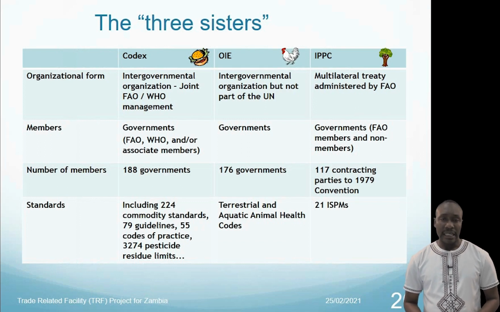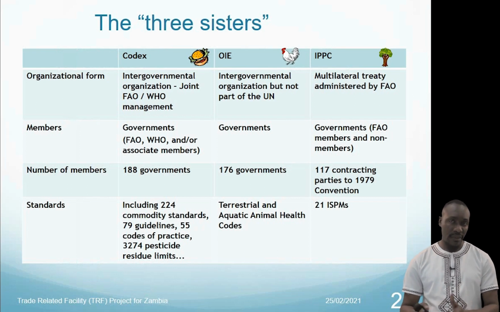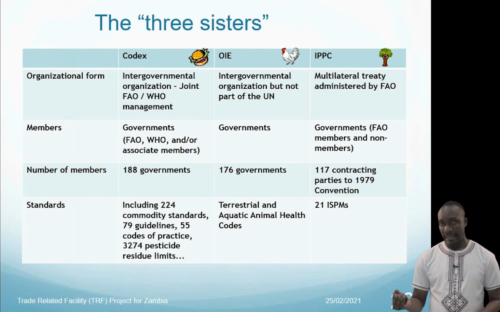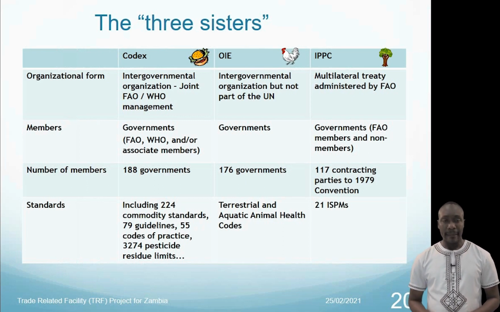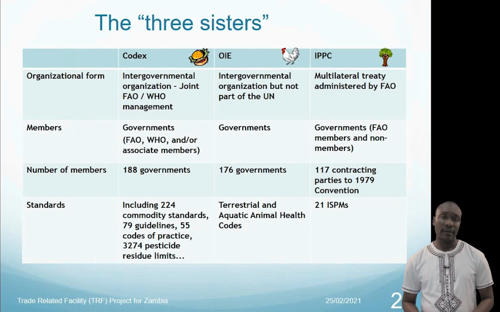In terms of standards, the Codex will give you about 224 commodity-based standards with about 79 guidelines, 55 codes of practice, and over 3,000 pesticide residues and a lot more veterinary drug residues.